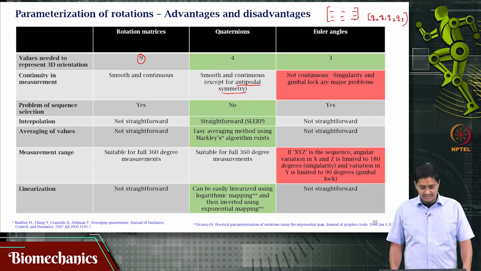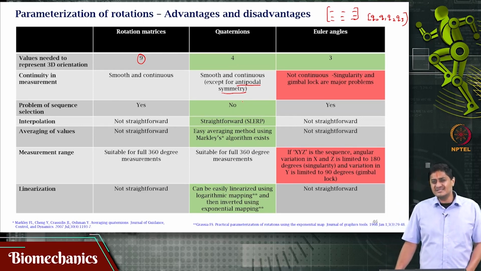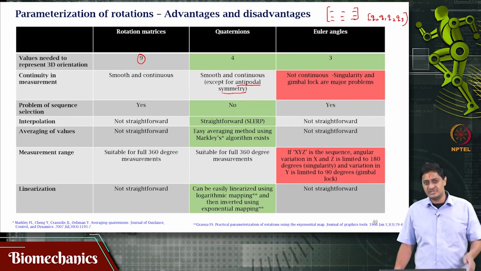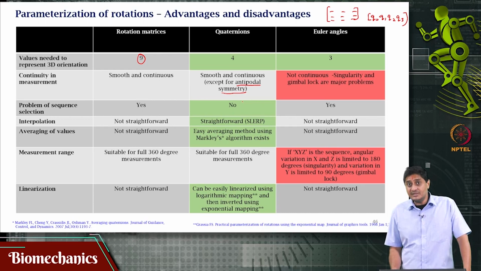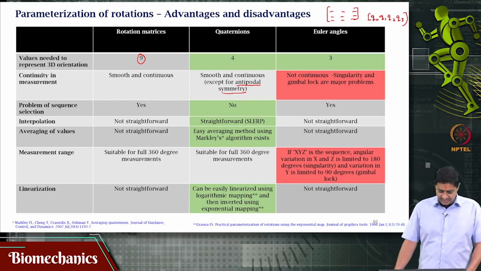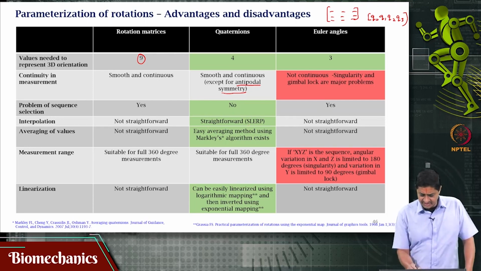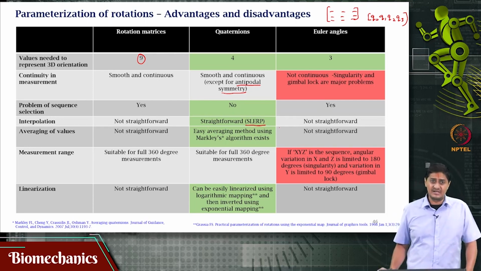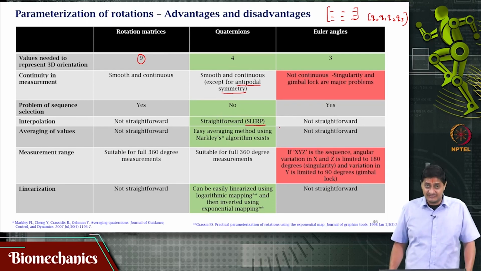Right. Then, can you interpolate? If I measure at a relatively slow speed, or if I want more data points, can I interpolate? Well, interpolating in rotation matrices and in Euler angles is a non-trivial problem. It is not straightforward. In quaternions also, it used to be a relatively difficult problem, but then people developed an interpolation algorithm called the SLERP algorithm, after which it became a straightforward problem to solve.